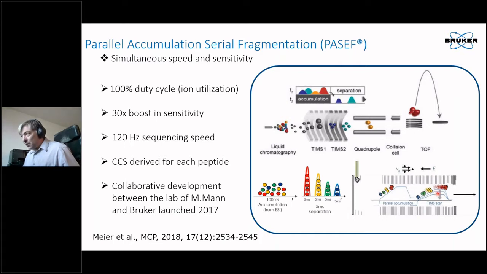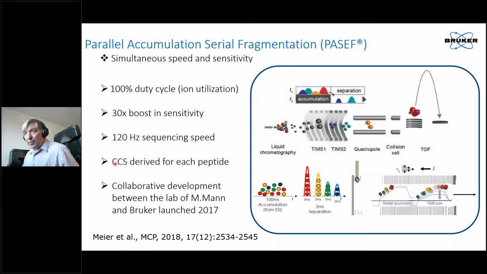That results in being able to do 10 to 15 ions per 100 milliseconds for 120 hertz sequencing speed. So parallel accumulation followed by serial fragmentation, that's the PASEF acronym, which gives us 120 hertz sequencing speed, all enabled by this TIMS separation.